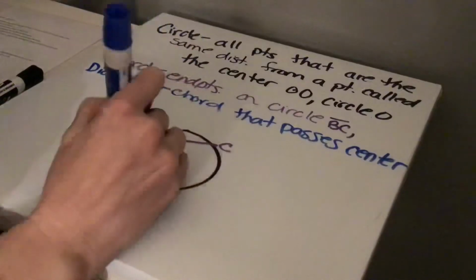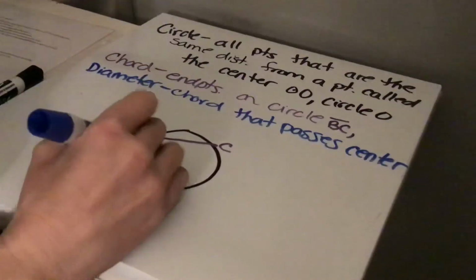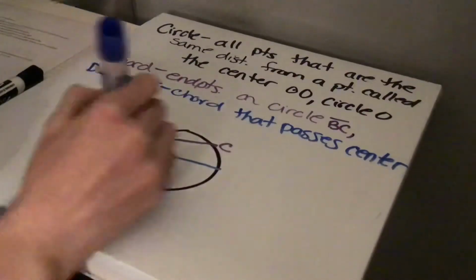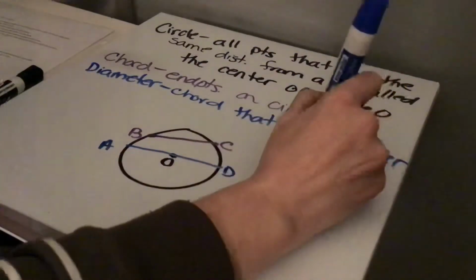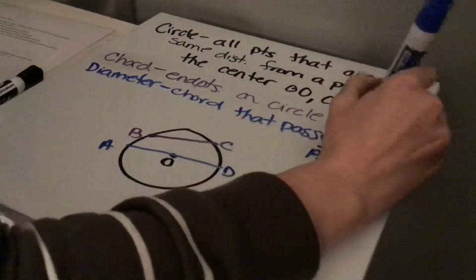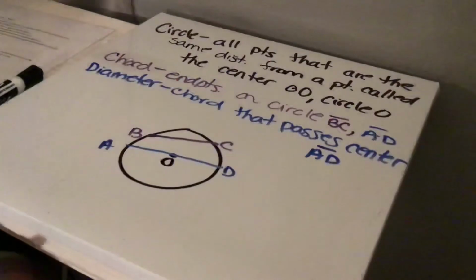Okay, so let's do like this, and we'll say that AD is a diameter. It's also a chord, but it is a very specific chord because it passes through the center of the circle.